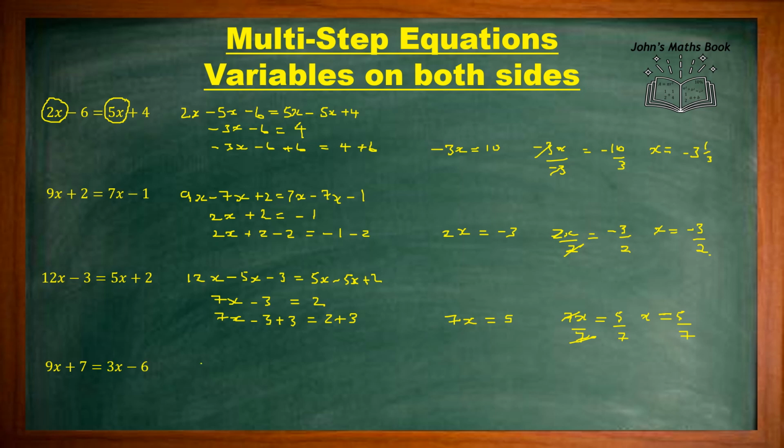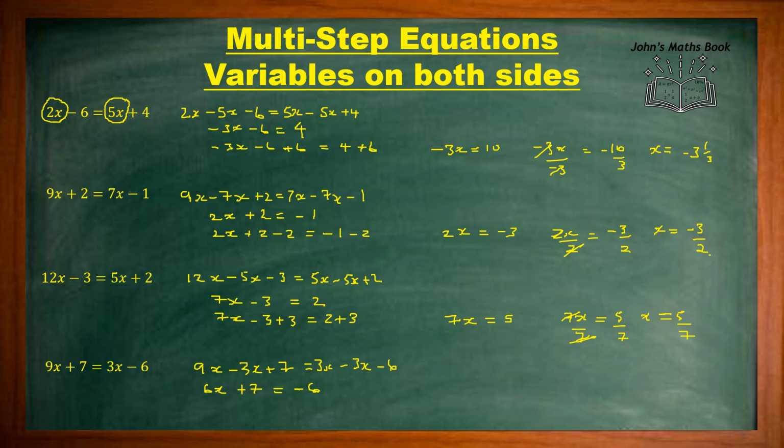So 9x minus 3x plus 7 is equal to 3x minus 3x minus 6. So 9x minus 3x is 6x plus 7 is equal to 3x minus 3x, which is 0, and that is equal to minus 6.